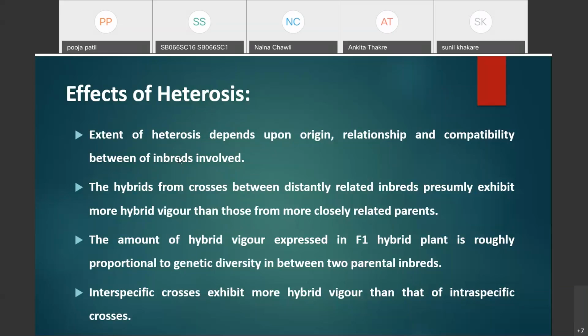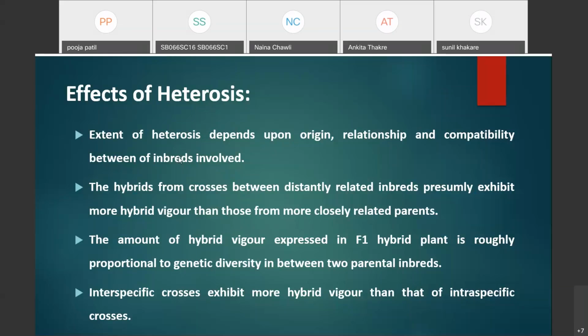The hybrids from crosses between distantly related inbreds, or whenever two inbreds having completely different genetic constitution are crossed, will exhibit more hybrid vigor than those from more closely related parents.